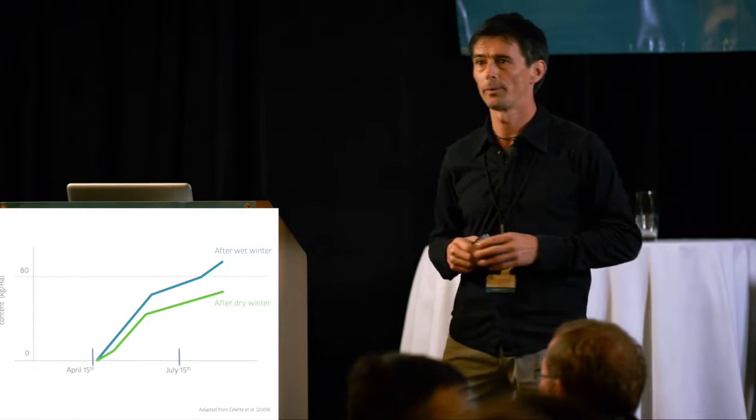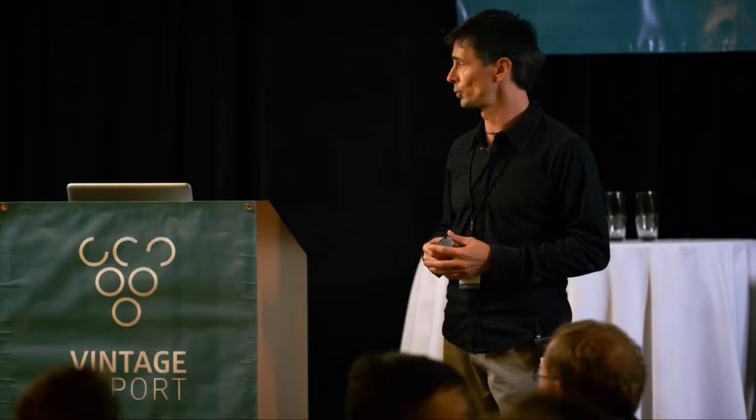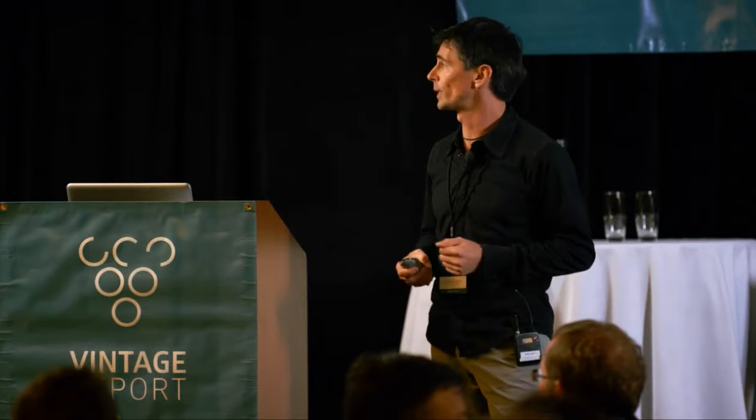And you see that just because we didn't have much rain during the winter, there was less nitrogen in the ground, and when we look at the nitrogen content in the shoot, you see that there was a drop of 20%. So those data were obtained on a vineyard without any cover crop.